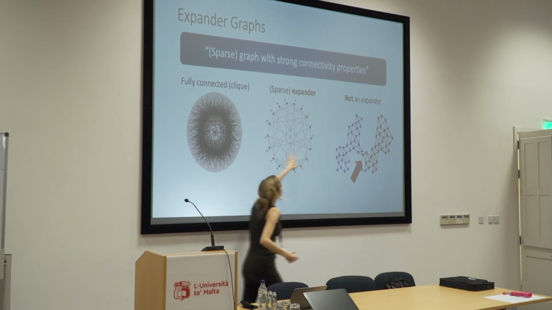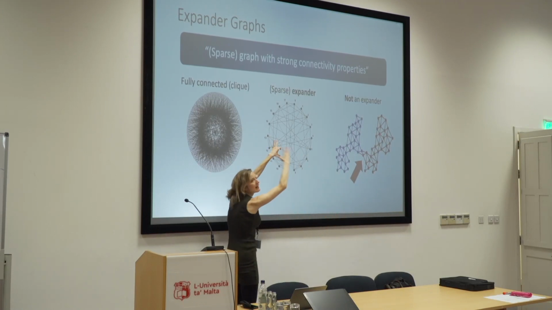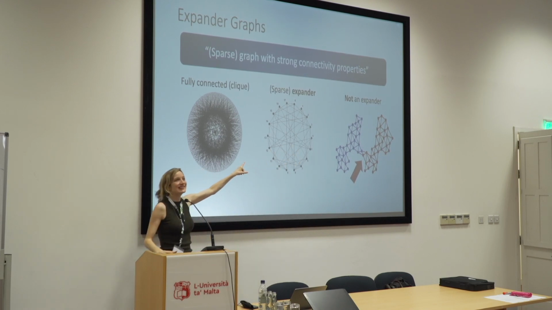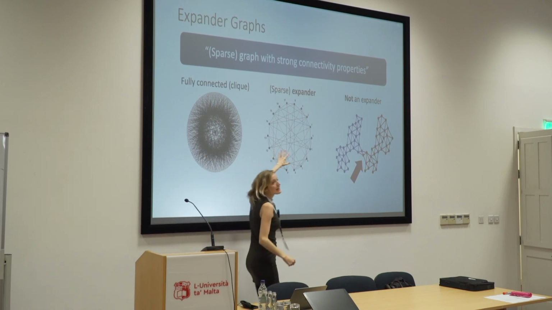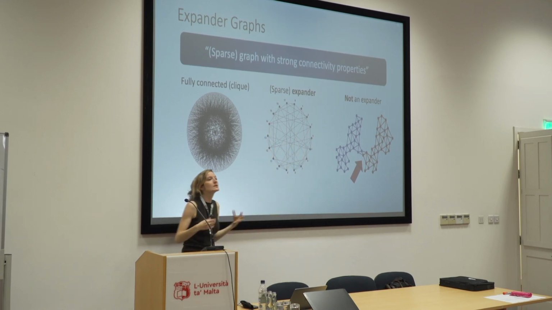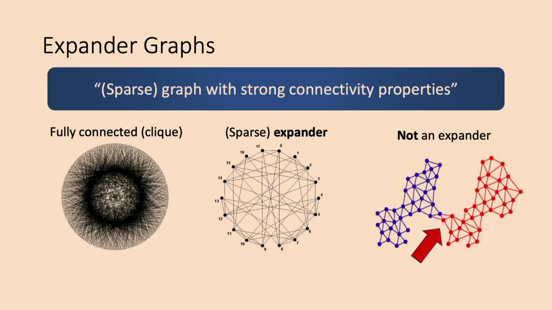As opposed to here, where everything is smeared around. If I start somewhere and take a random walk, it turns out, spoiler alert, that in a good expander, after actually not so many steps, you'll end up roughly uniform across the whole graph. So these are some high-level things to keep in mind.